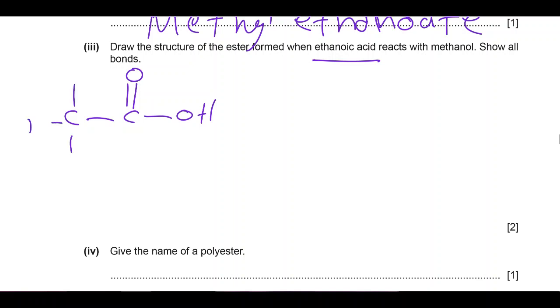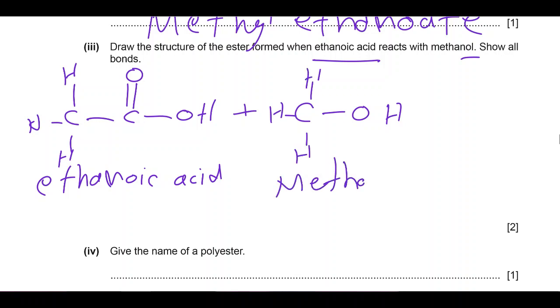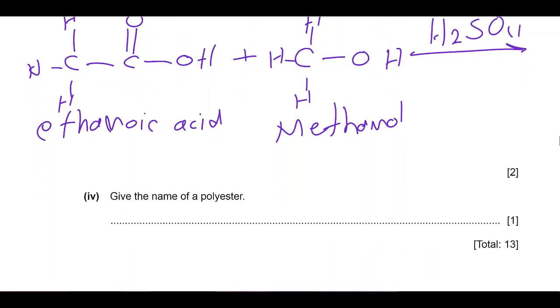And here you have hydrogen. Ethanoic acid plus methanol, you have 1 carbon, and OH, and here you have 3 hydrogen. And sulfuric acid, which is the catalyst of the esterification.